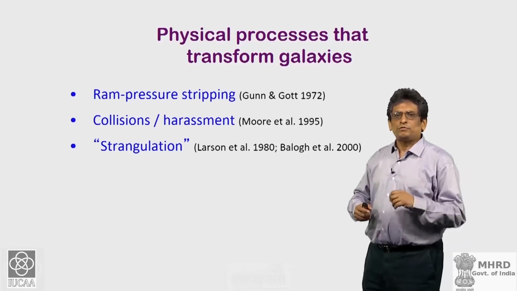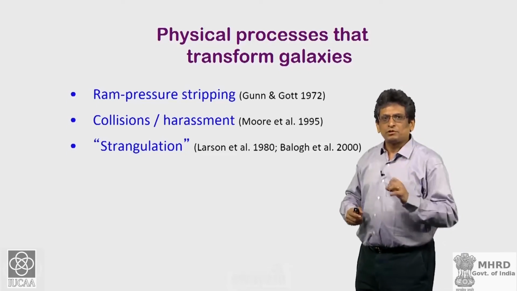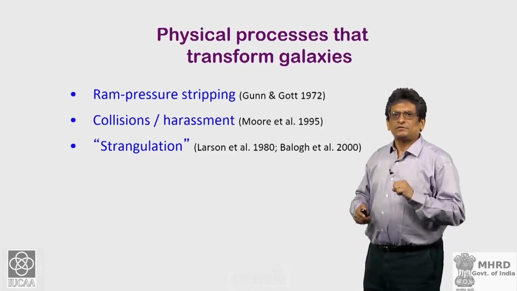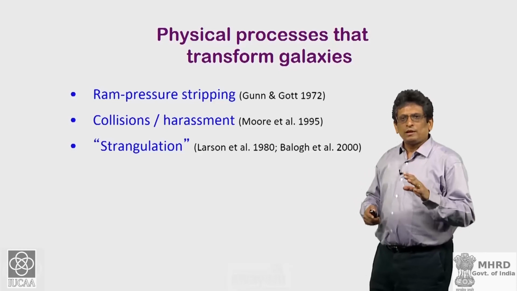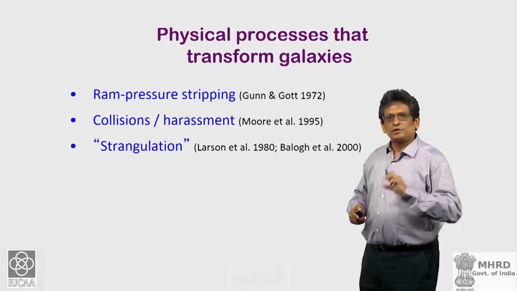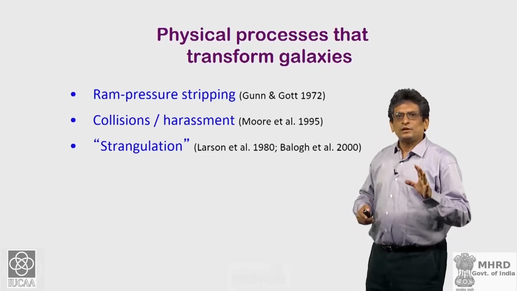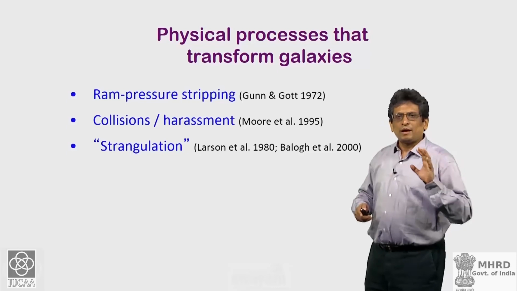And we are going to go through the three most important processes that transform these galaxies to show that the transformation of galaxies is related to nature and nurture both.